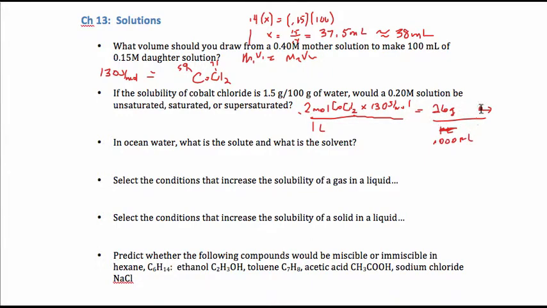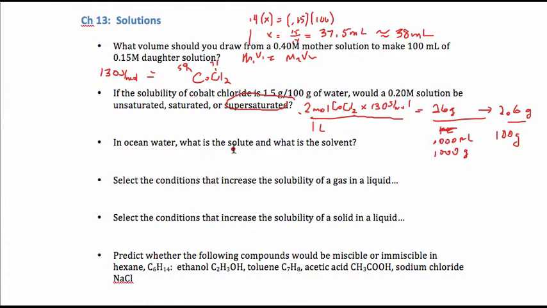I need to get it, and 1,000 milliliters of water is the same as 1,000 grams, so I need to get it to 100 grams. So I want to move over 1. So I have in effect 2.6 grams, 2.6 grams of CoCl2 per 100 grams of water. Alright, and that means that we're supersaturated. Okay, we're above the 1.5.